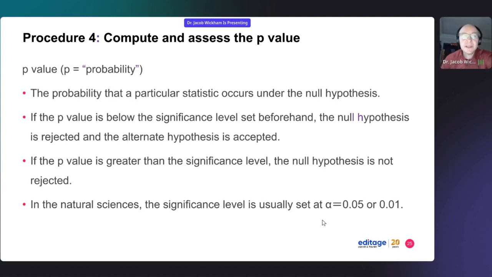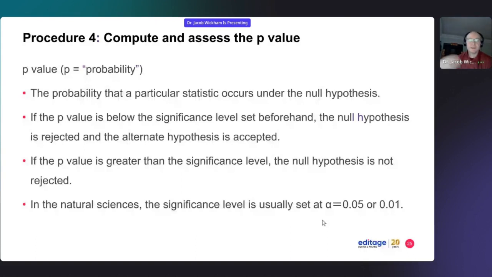I discussed the p-values. Basically, a statistical test will give you a probability value, this p-value. And this is the probability that a particular statistic occurs under the null hypothesis. If the p-value is below a significance level of, say, 0.05, then the null hypothesis is rejected and the alternative hypothesis is accepted.